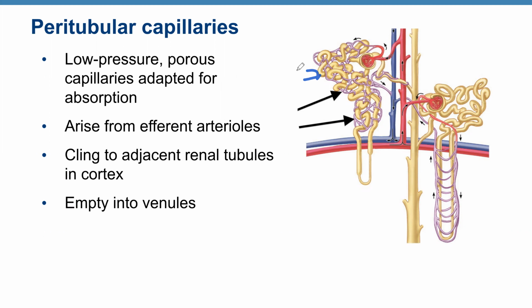Now, those peritubular capillaries are low pressure, porous capillaries adapted for absorption, arising from efferent arterioles and clinging to adjacent renal tubules. So they really kind of surround all these tubules in the cortex and empty into venules. When they empty into venules, the venules unite to form bigger veins.